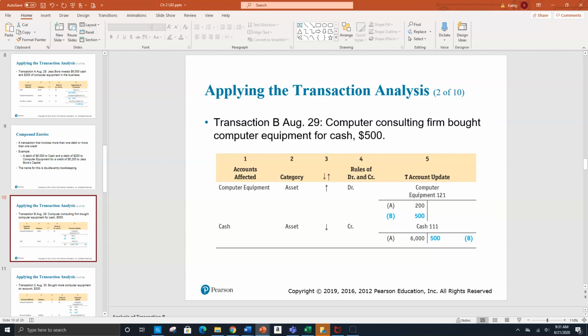We put that on the left side of our T account. Cash is an asset. We're paying for that piece of computer equipment, so we're decreasing our cash, or decreasing our asset. So we will credit cash $5,000. We put that on the right side of our T account for cash.